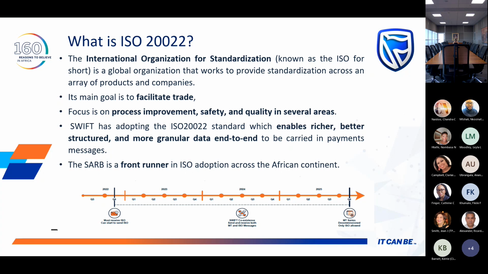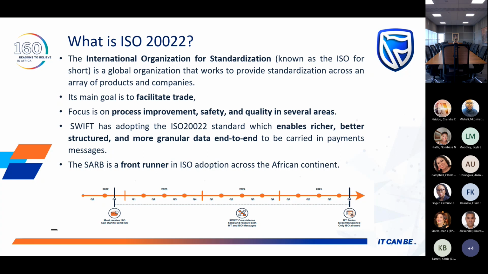The sequencing and all the way the standard naming ISO 20022 is based on several series of standards that the International Organization of Standardization have put together. This is their latest standards with regards, as I've said, to both products, banking, and a couple of companies.